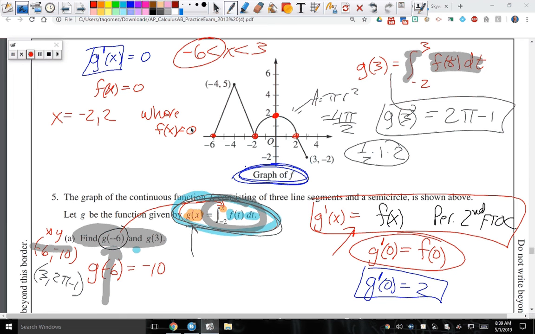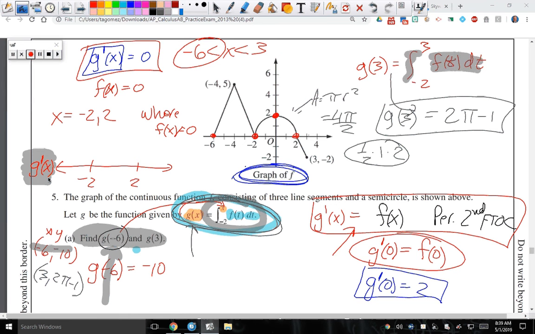Okay, here we go. Now, if we're analyzing this, and my critical points are -2 and 2, since I'm doing a sign test right here, what would go here? G prime of x, because you're trying to find, is it a relative max, a relative min, or neither?